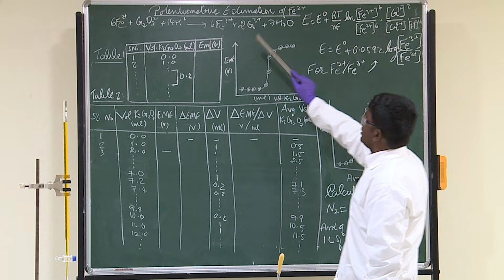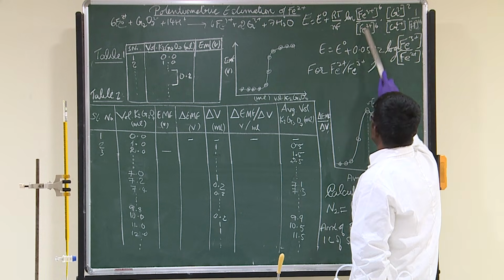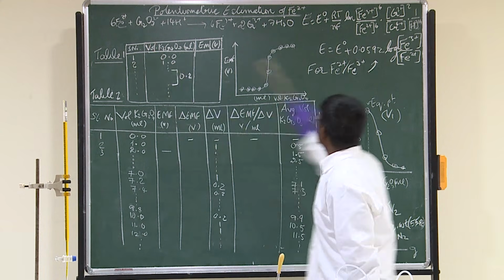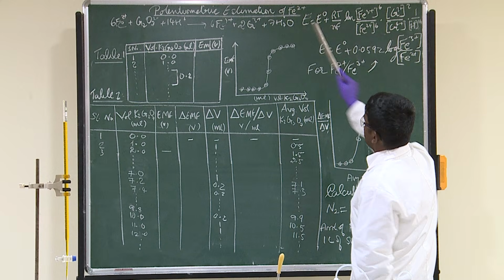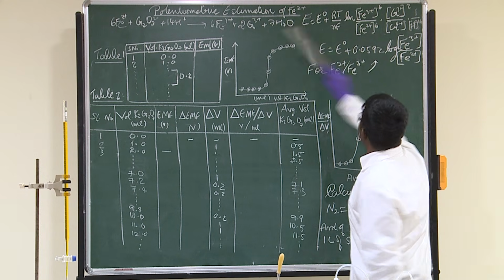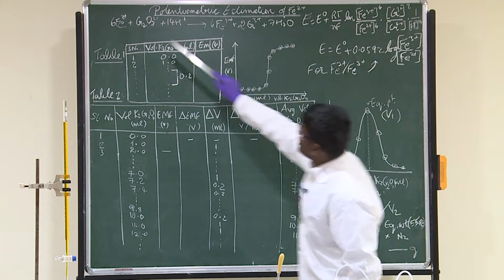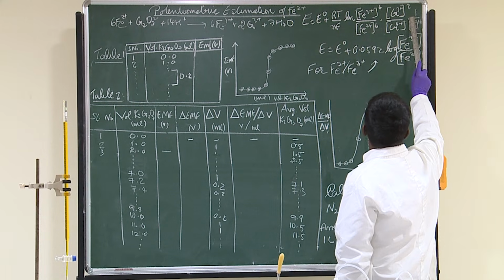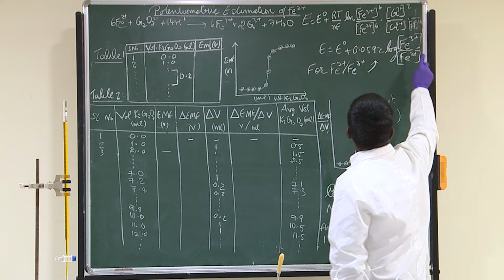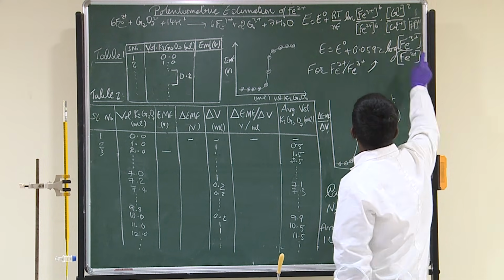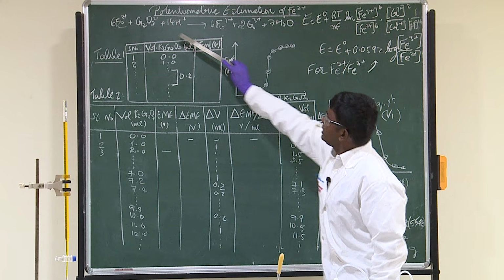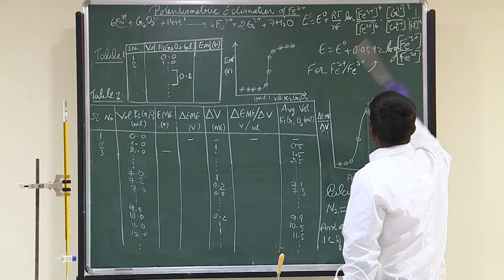Here you see the products Fe3+ and chromium 3+, divided by the reactants, Fe2+ and chromium 6+, with their corresponding concentration terms. The activity factor for the product water is 1, and it is divided by the concentration of H+.